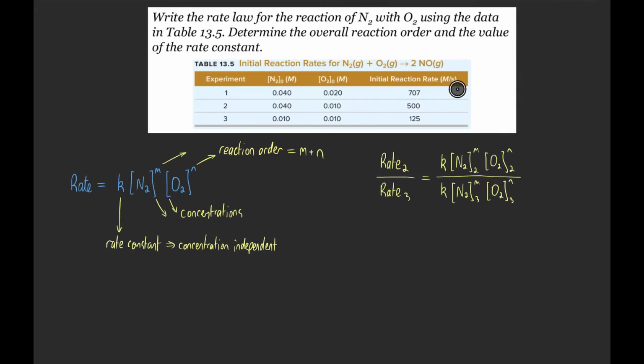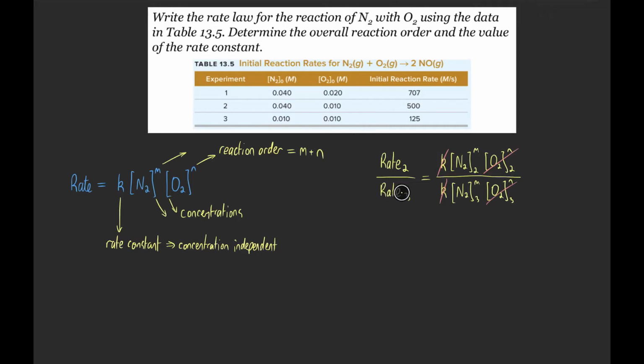Now, because we've chosen our experiments such that the concentration of one of the reactants doesn't change, we can actually cancel out a lot of the terms in this expression. We've already said that the reaction rate constant K is the same for each one, so we can cancel K immediately. And we've also chosen our experiment such that the concentration of oxygen is the same, so we can also cancel out these terms relating to the oxygen.